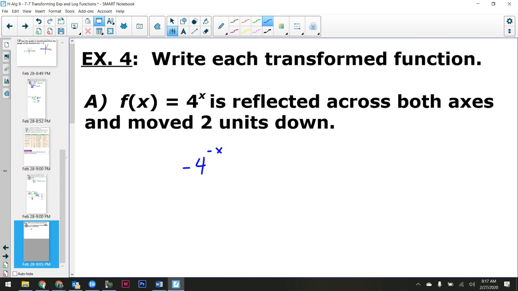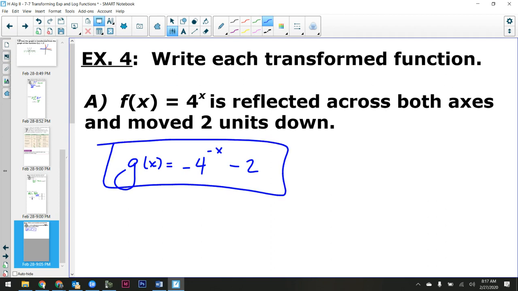Okay, what's 2 units down? Oh, cool. Okay, that's right. Right? You okay with that? Alright. -2 goes to x up to x.